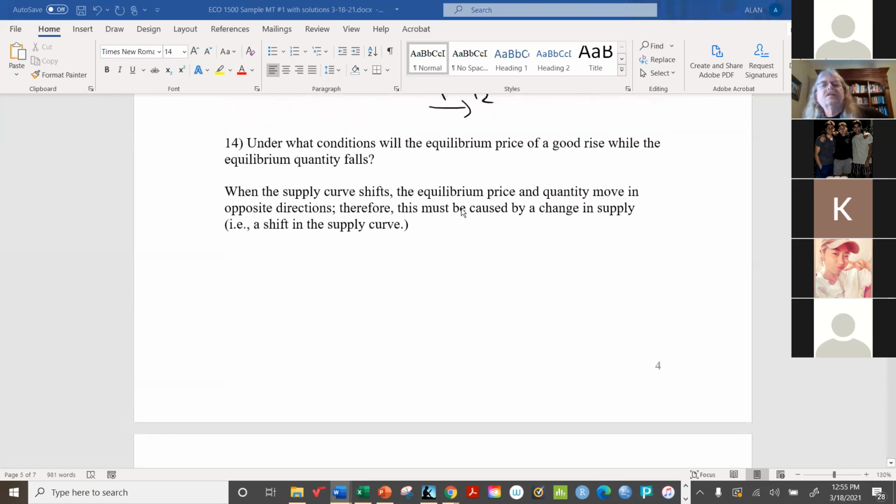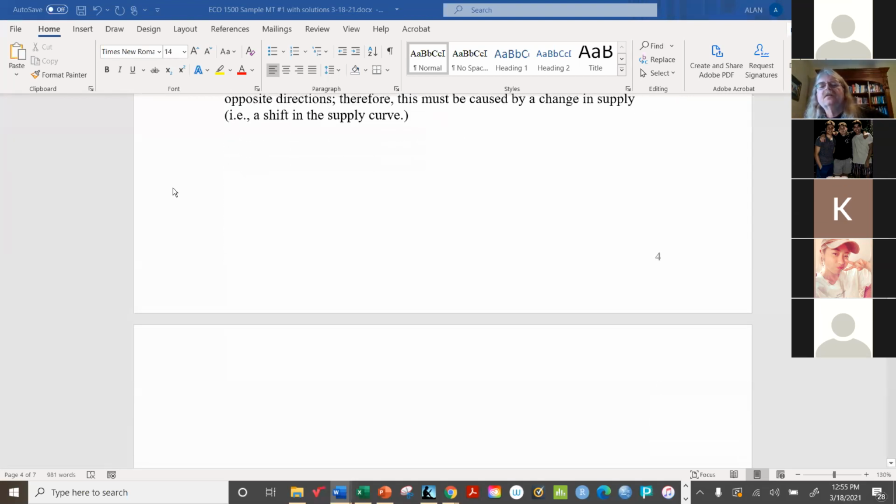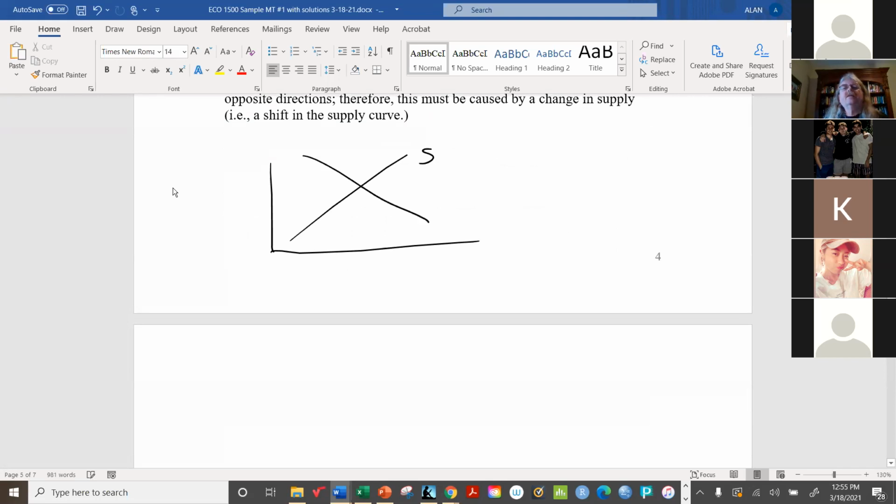No, a shortage of a good is different because this implies that the price went up and the quantity went down. Okay, a shortage means that, well, all right, I think I see what you're saying. A shortage means we're down here somewhere.